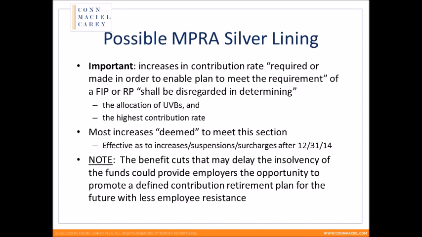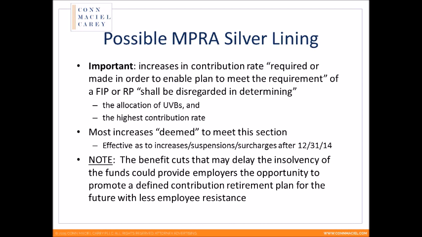That is, if your fund is in critical status and has a rehabilitation plan and has mandated increases, after December 31st of 2014, you should have an argument that those contribution rate increases should not count against you as the highest contribution rate, and that may be really good for you in determining your annual payment.